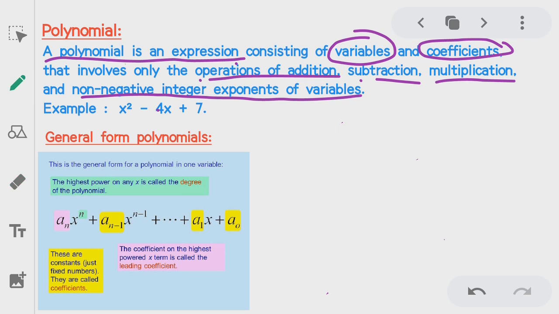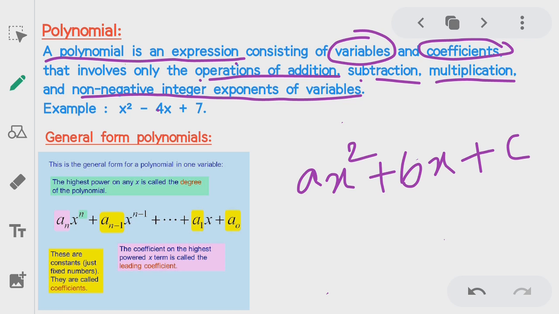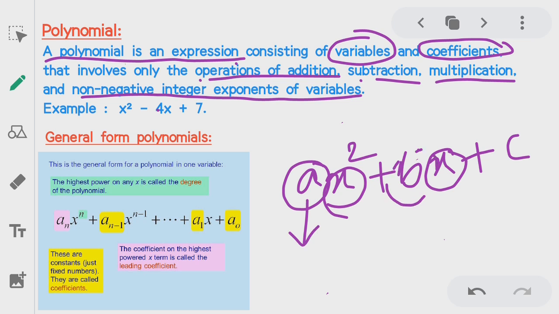ax square plus bx plus c. Consisting of variables. Here x is one variable, and the coefficients: a is the coefficient of x square, b is the coefficient of x, and c is the constant.